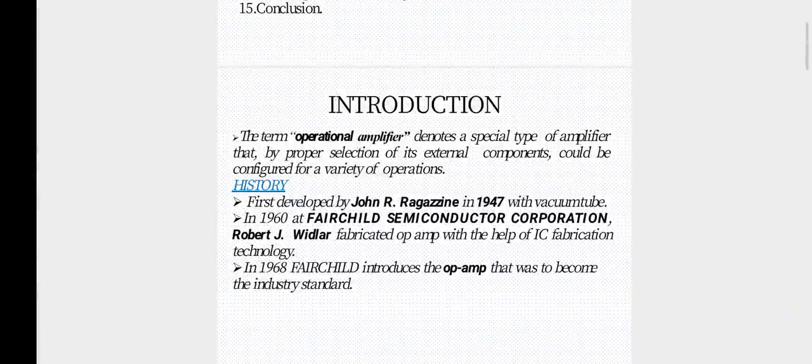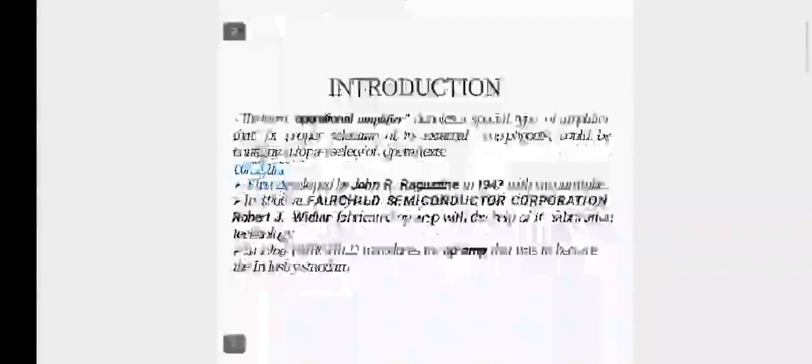In 1960 at Fairchild Semiconductor Corporation, Robert J. Widlar fabricated an op-amp with the help of IC fabrication technology. In 1968, Fairchild introduced an op-amp that became an industrial standard. From 1968 onwards, the practical op-amp is used as an industrial standard.